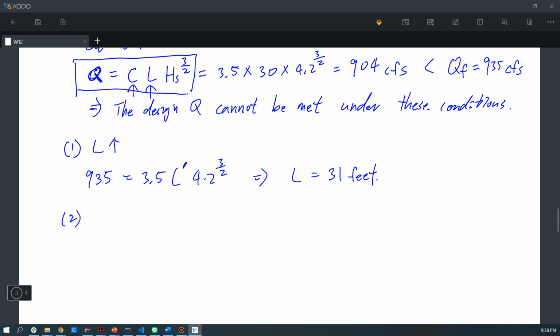And in the second, for the alternative, we can try to improve the spillway quality to enhance this spillway coefficient. Similarly, we apply the same equation, but now we calculate its C prime and remain the other settings to be the same.